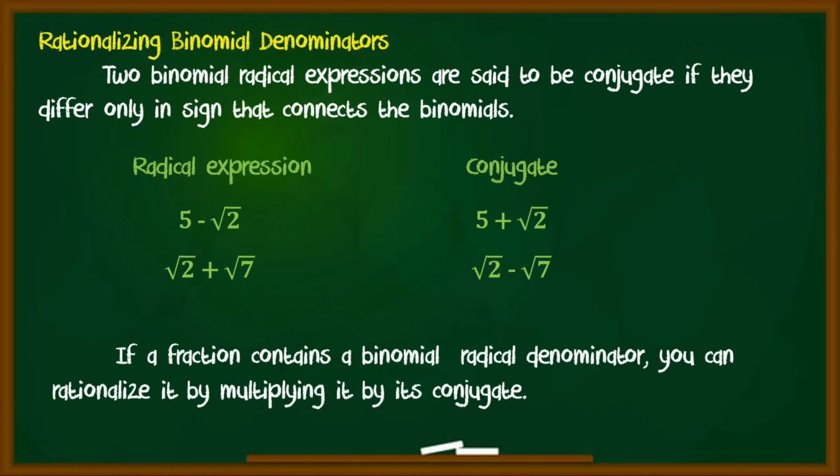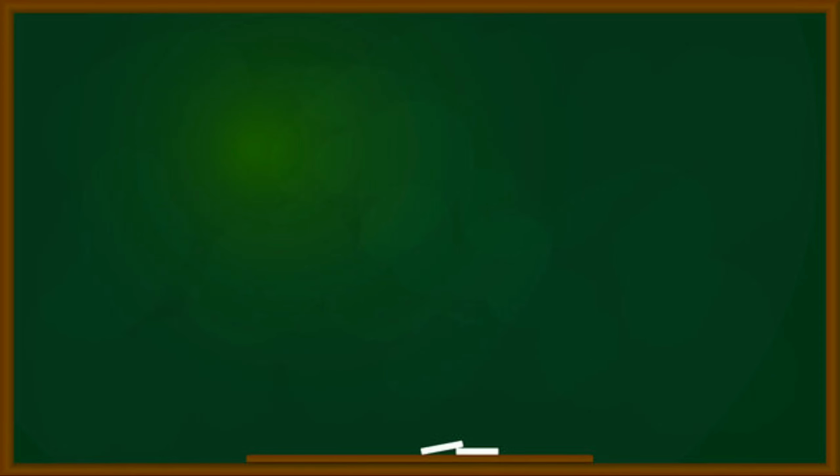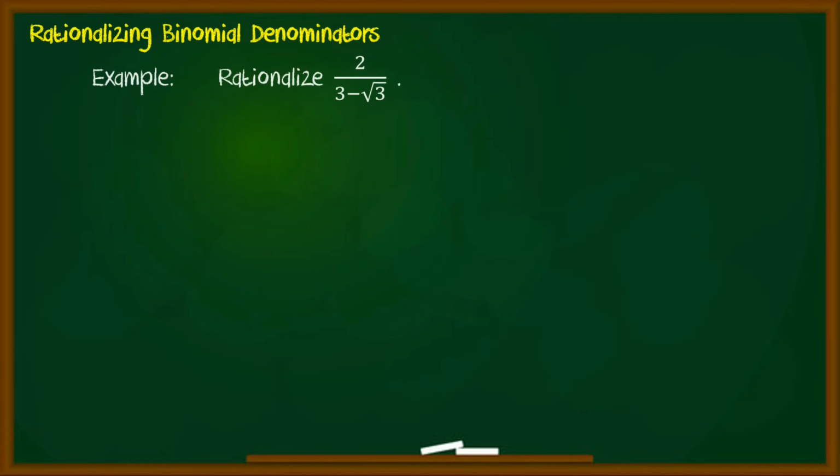Now, if a fraction contains a binomial radical denominator, you can rationalize it by multiplying it by its conjugate. Say for example, we have to rationalize 2 over 3 minus square root of 3.